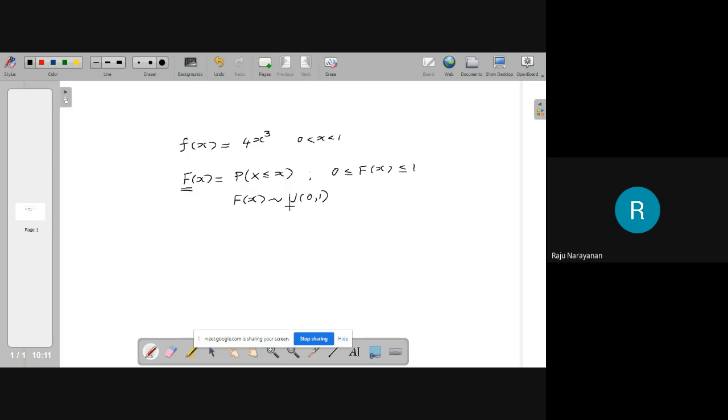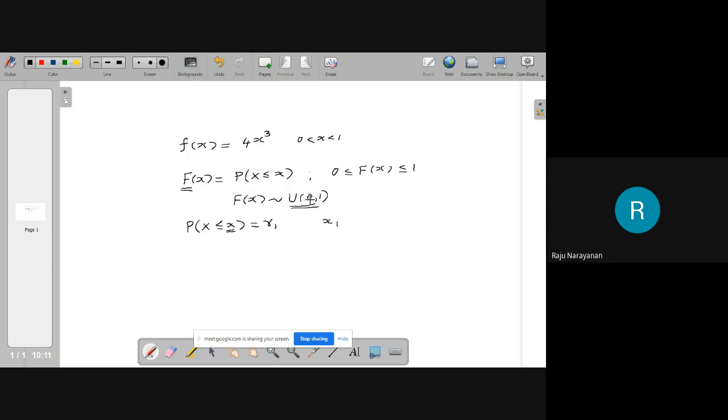Therefore, you take a random number between 0 and 1. Using that number, you solve this equation. Suppose that number is R1. Then using the quantile function, you can find this x. Let it be x1.